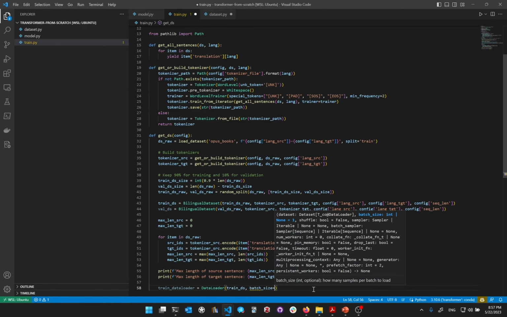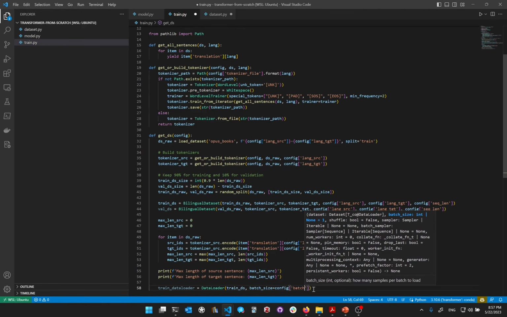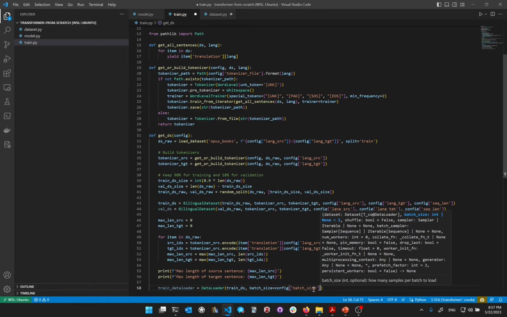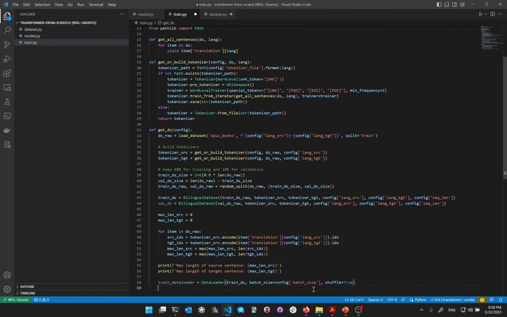We define the batch size according to our configuration, which we still didn't define, but you can already guess what its values are. We want it to be shuffled.